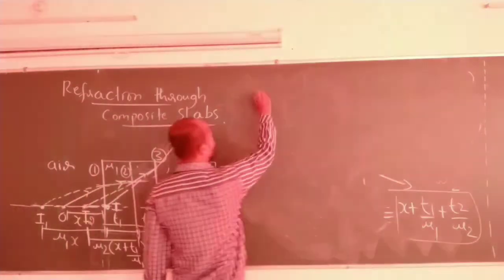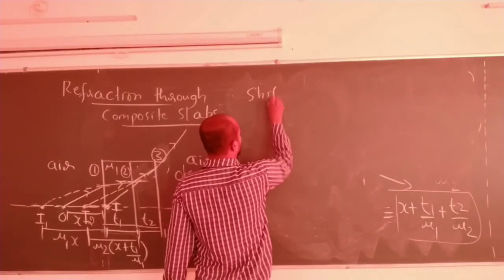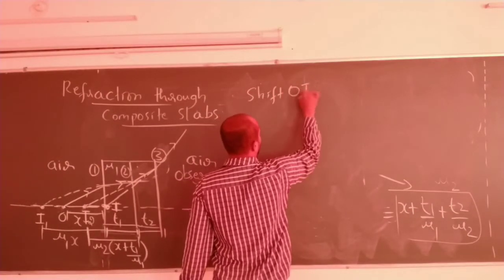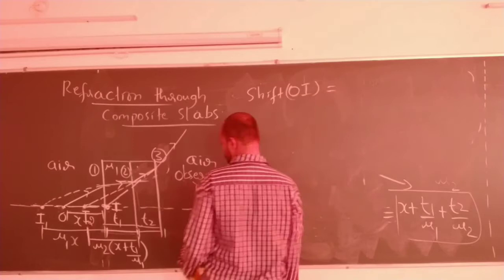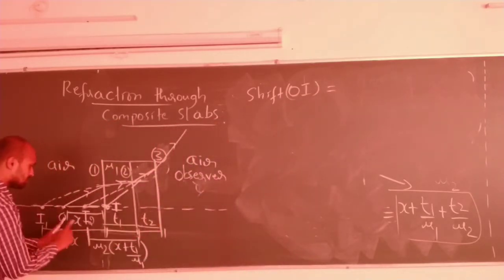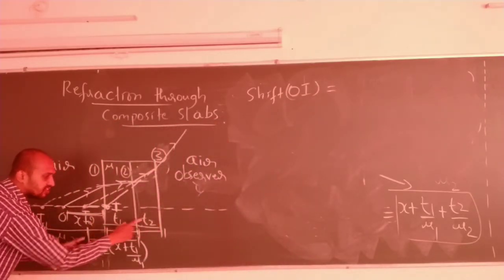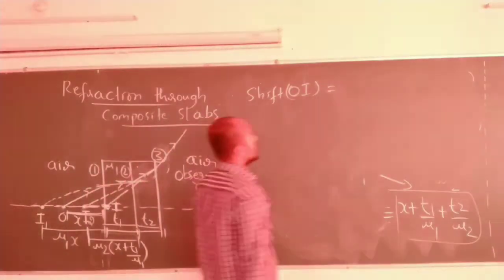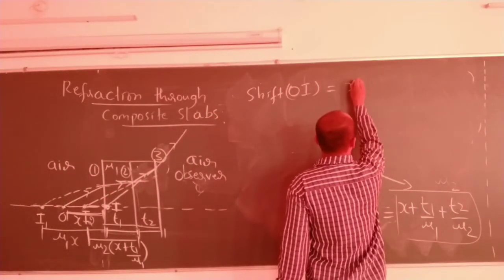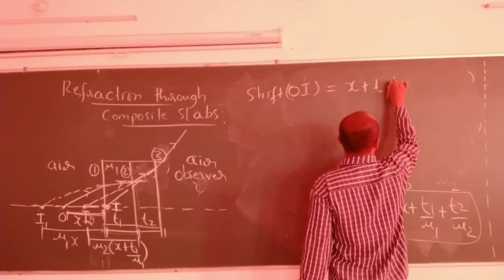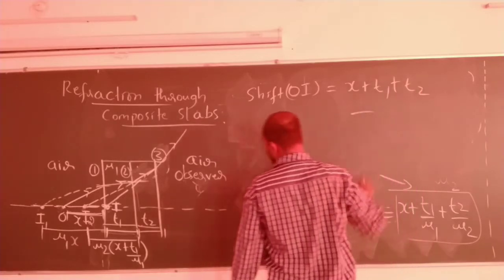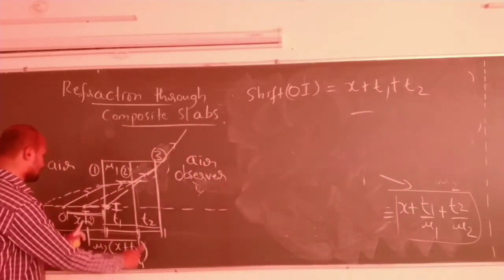Correct now? Now the shift OI is how much? What is the real depth? X distance plus T1 plus T2, minus the apparent depth.